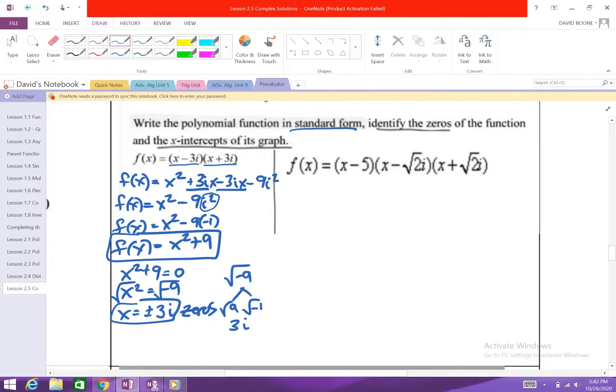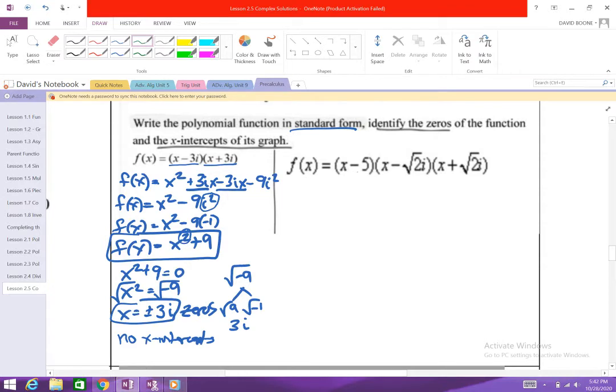They're only crossing at an imaginary spot. That can only have at the most 2 zeros. My 2 zeros are both imaginary. So what that means is there are no real x-intercepts. All right, let's try another one.